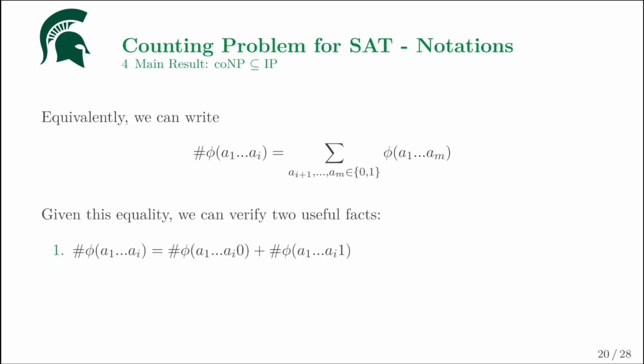The first one indicates that once the first i variables are fixed, the number of satisfying assignments is simply the sum of assignments that result from when the next variable is preset to 0 plus when the next variable is preset to 1. The second identity follows from the fact that once all variables are fixed, the formula has exactly one satisfying assignment if it evaluates to true, and none if it evaluates to false. So its count of satisfying assignments matches its truth value.